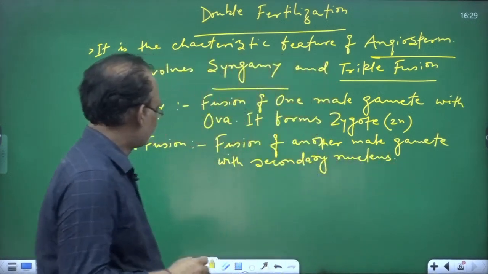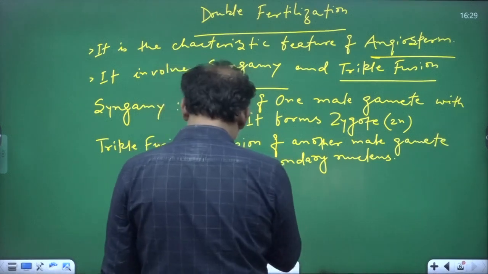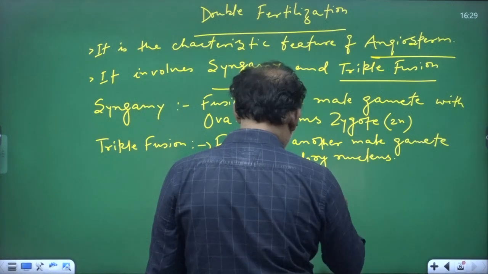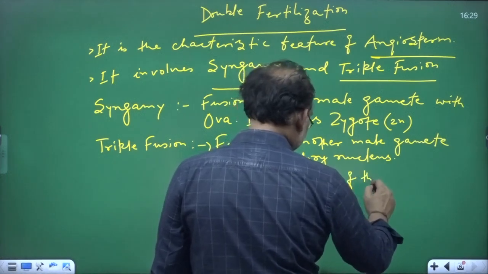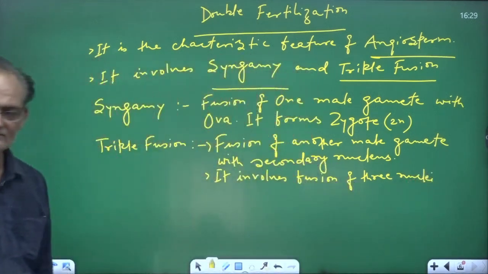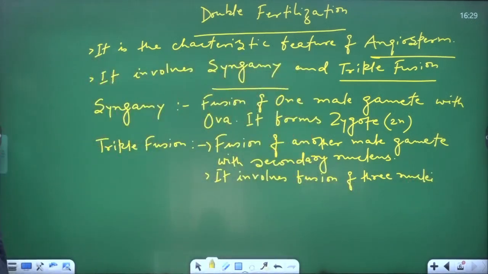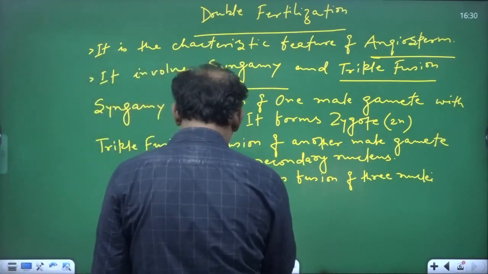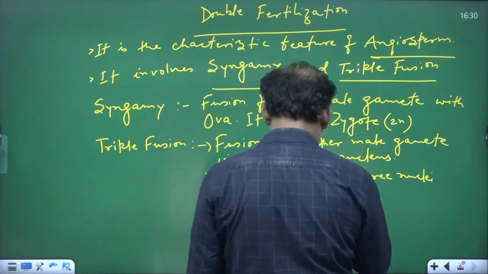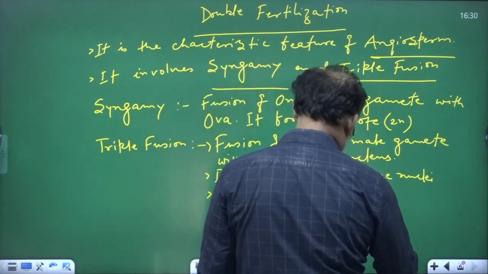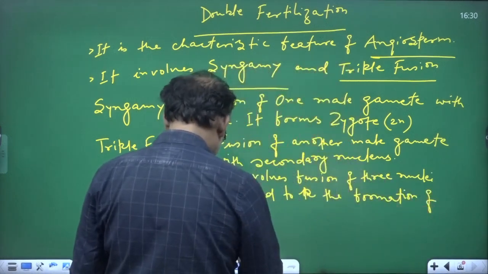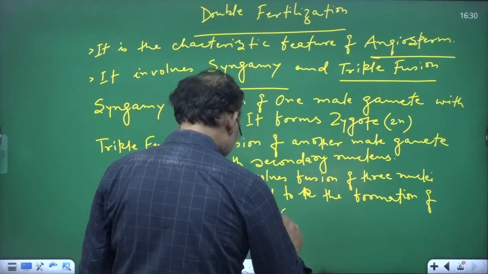Right? So next point you write, it involves fusion of three nuclei. It involves fusion of three nuclei, so that's why it is called triple fusion. It leads to formation of the primary endosperm nucleus.